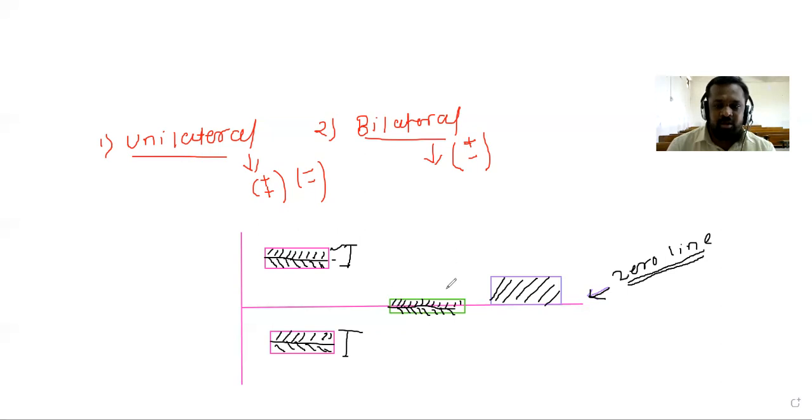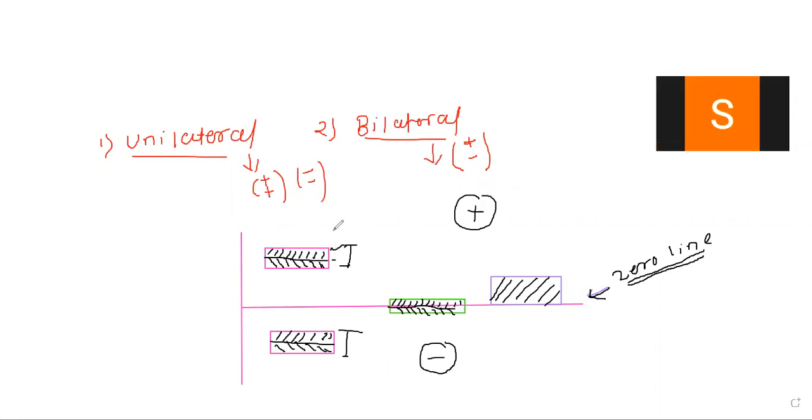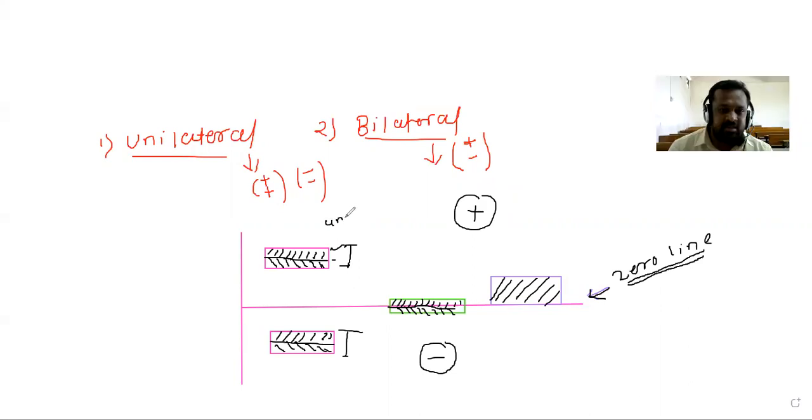You have to remember that above the zero line there will be the plus, and below the zero line there will be the negative. Then tell me what is the type of this tolerance zone? Unilateral. Why is it called unilateral? Because both limits we are showing on the plus side only.